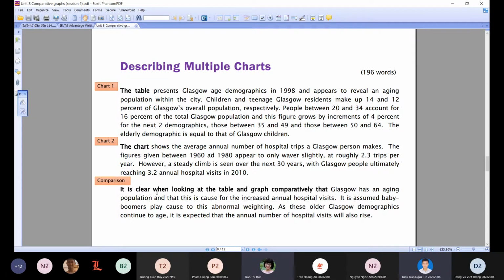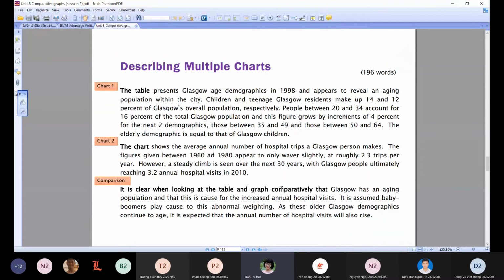And the writer makes some predictions: assuming baby boomers play a part in this abnormal weighting, and Glasgow demographics continue to age, it is expected that the annual number of hospital visits will also rise. So kind of a future prediction, right?